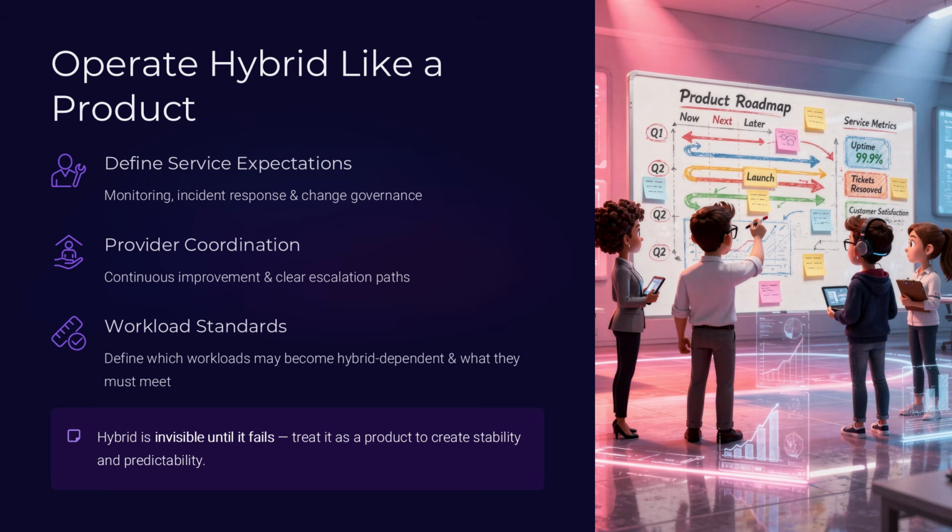You also define which workloads are allowed to become hybrid dependent and what standards they must meet. So, hybrid does not become an uncontrolled dependency for everything. When you treat hybrid connectivity as a product, you create stability and predictability, and you avoid the common trap where connectivity is invisible until it fails.